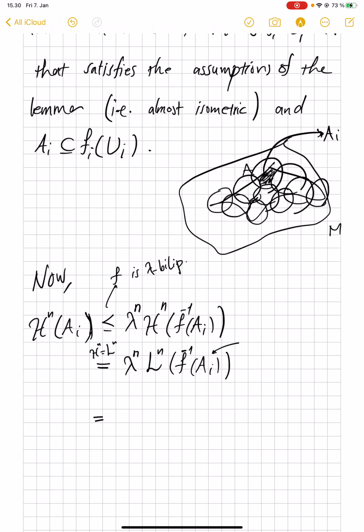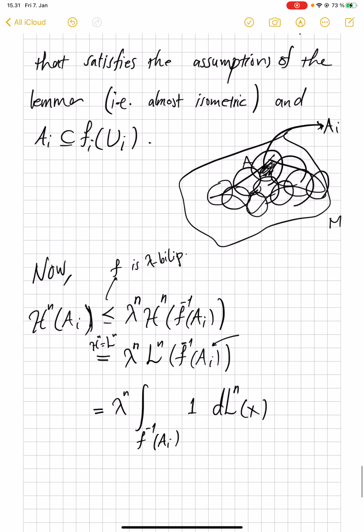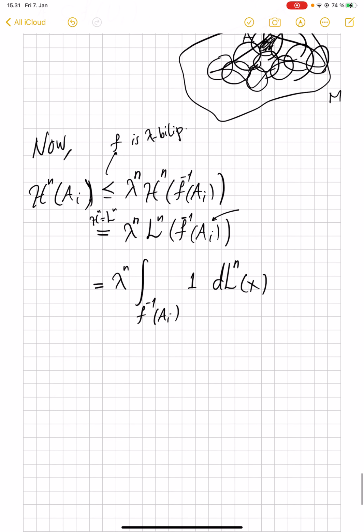And this equals lambda^n, writing it in more complicated ways. So I just integrate the constant function 1 over the set f inverse of A_i. But for good reasons, as soon you will see.